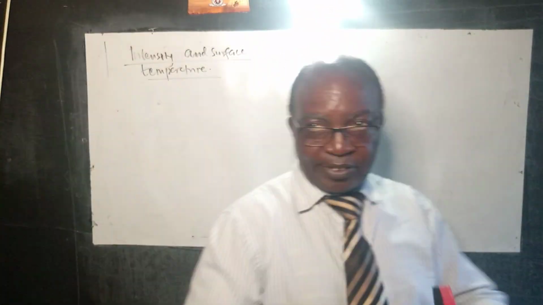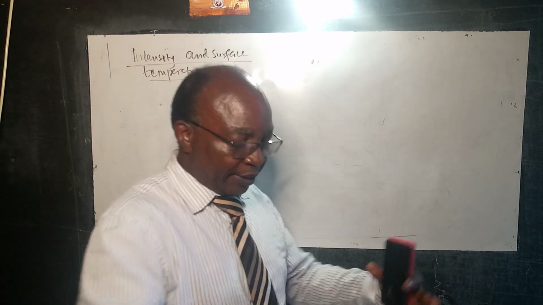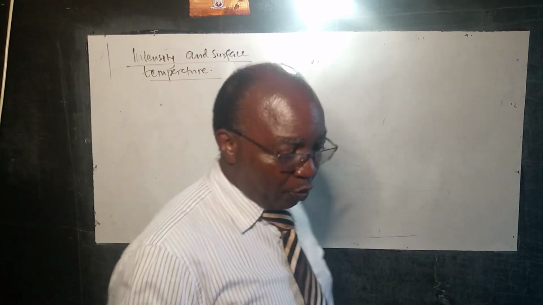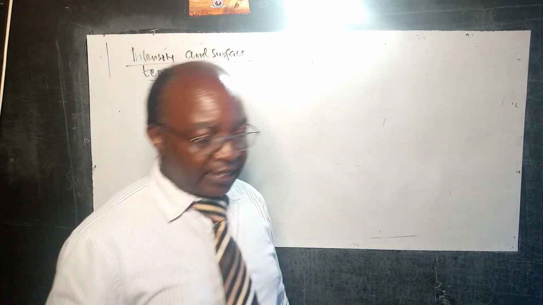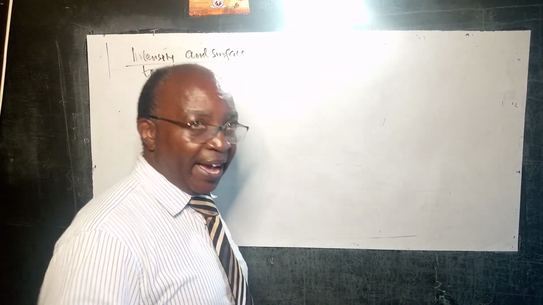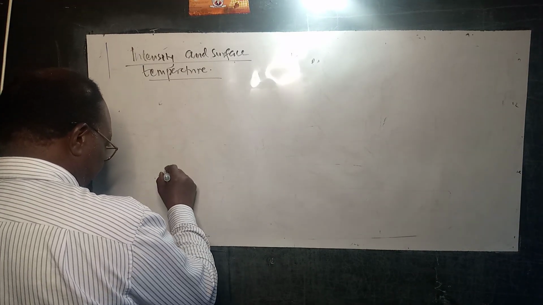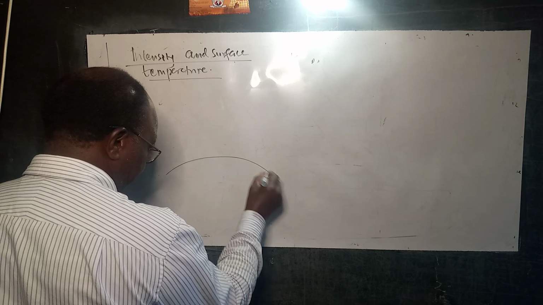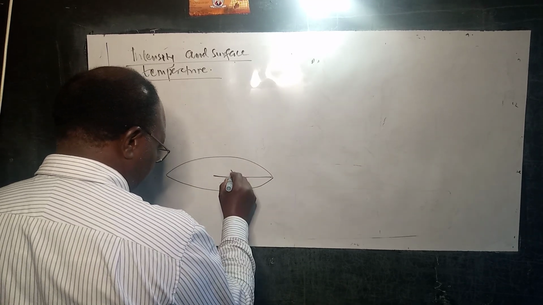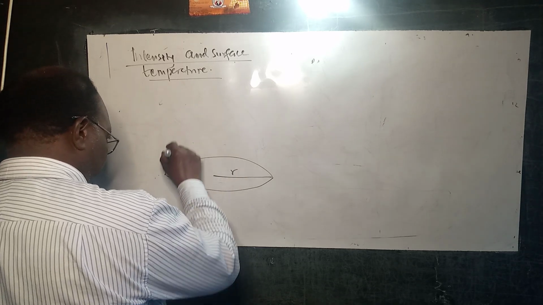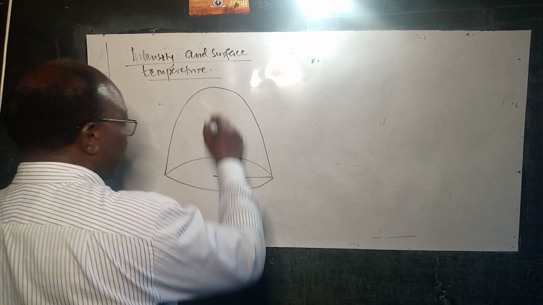So if we consider this strip in this hemisphere, which is displaced some angle phi from the normal, and that subtends an angle d phi on dA. So let's have our sphere again, hemisphere. Radius, we say it is R. It's our hemisphere.